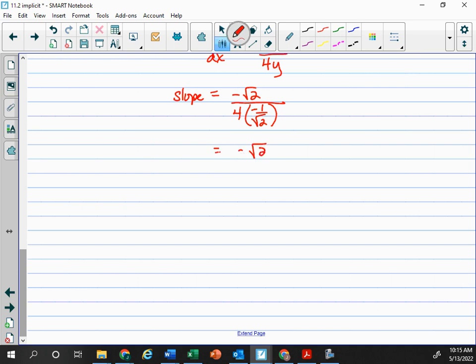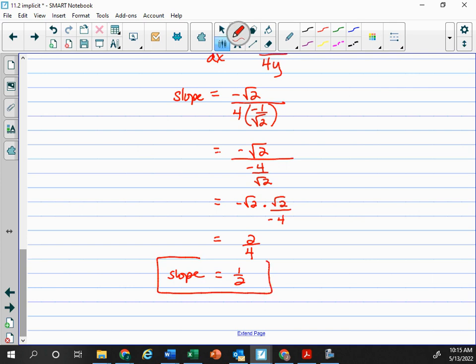When I'm dividing by a fraction, I multiply by the reciprocal. So this is really negative root 2 times root 2 over negative 4. What's negative root 2 times root 2? Negative 2, or 2 if you deal with the negatives. 2 over 4, are we okay with that? What do we end up with then? That is your slope of the tangent line at that point.